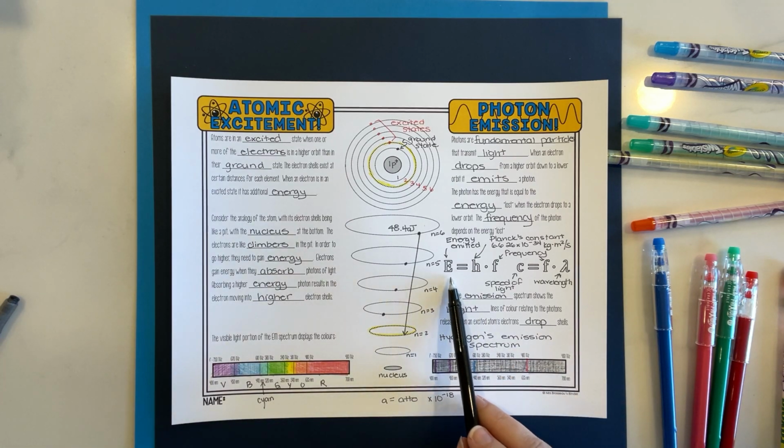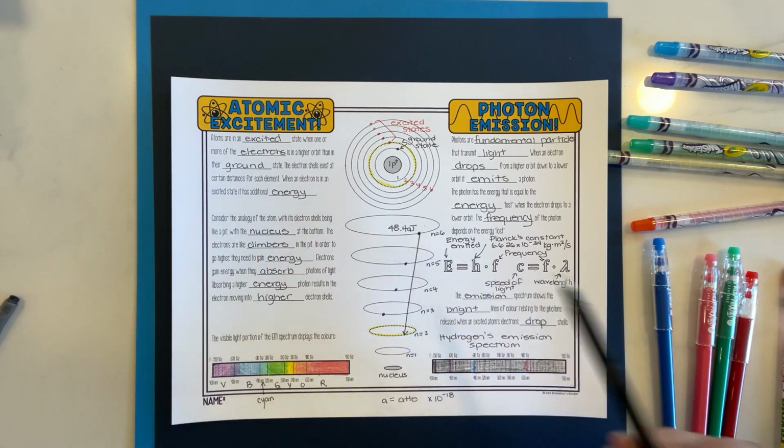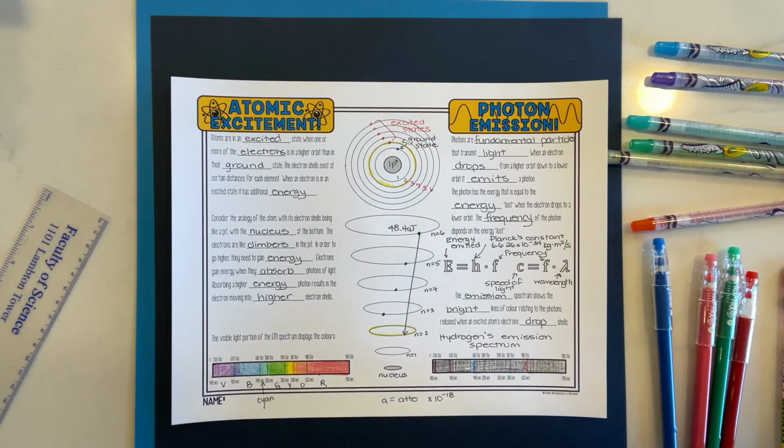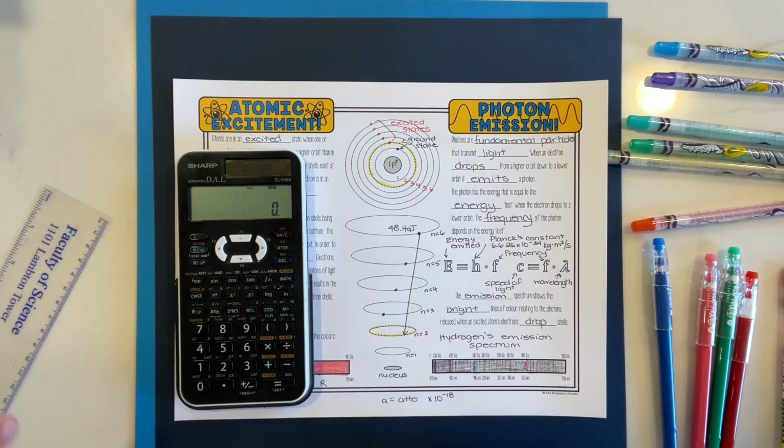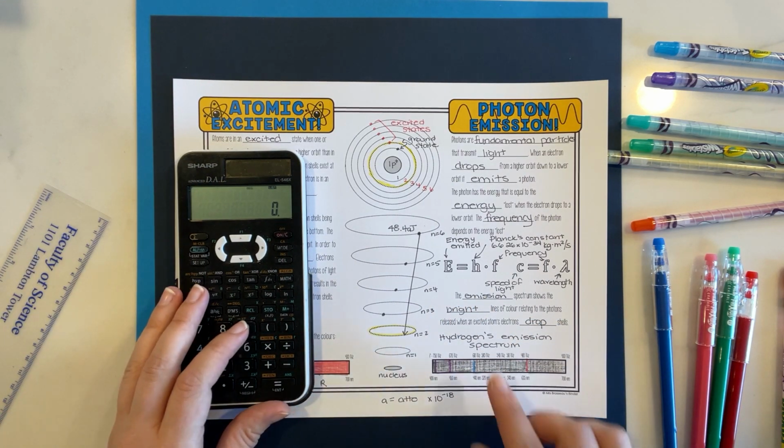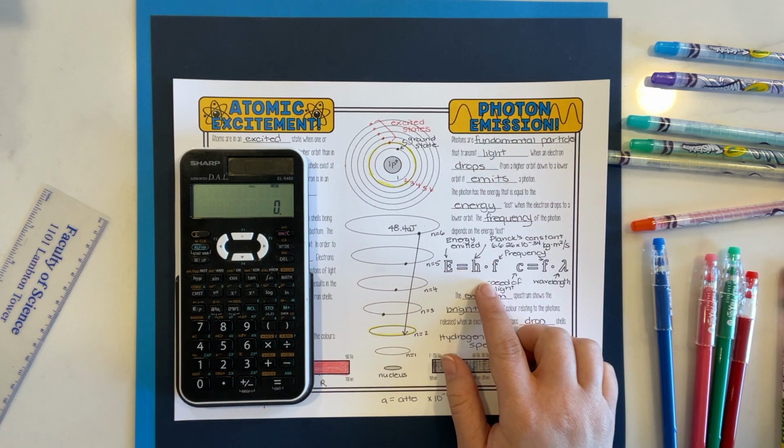But when you use this equation here, you can determine the frequency of a photon that has 48.4 attojoules. We can use this equation to determine the frequency of that emitted photon.